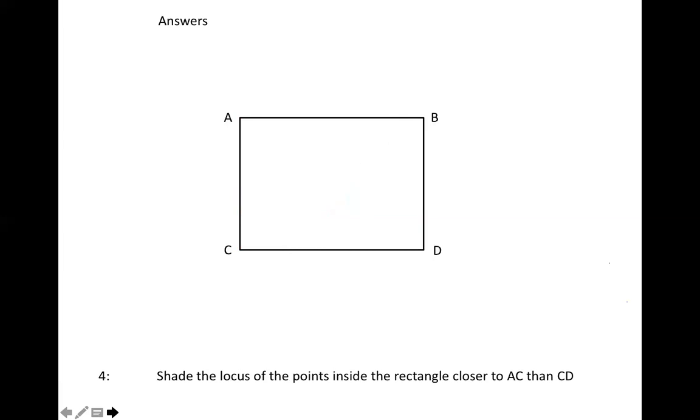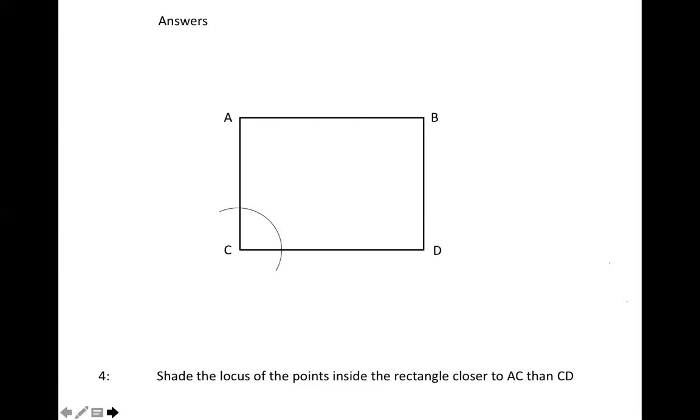Okay, let's move on to the next one. Shade the locus of the points inside the rectangle closer to AC than they are to CD. Okay, so again, I draw the boundary that is given. So I want locus of points inside the rectangle that is closer to AC than they are to CD.